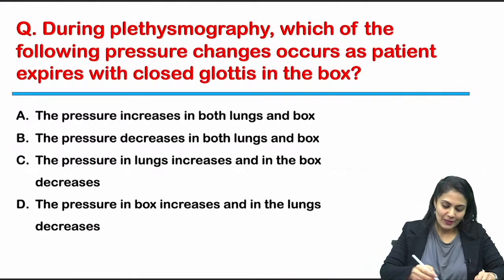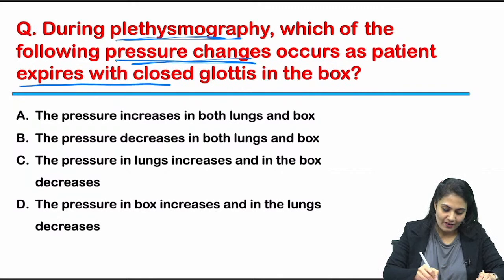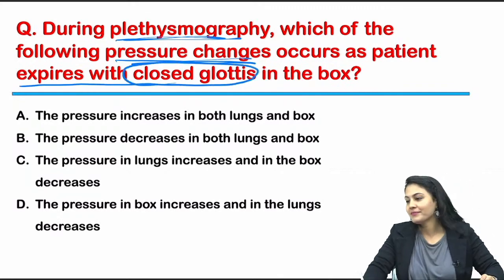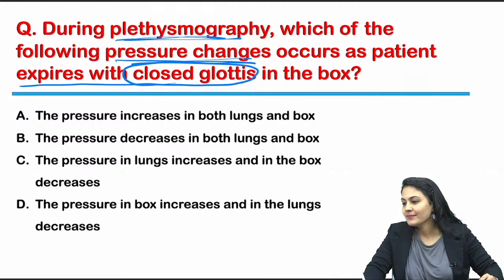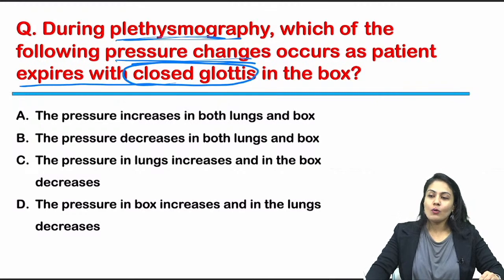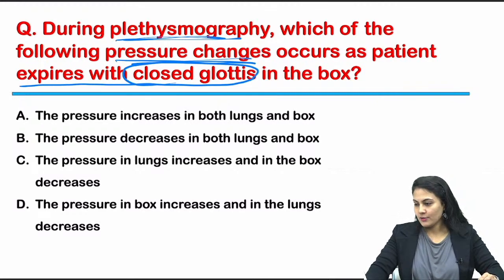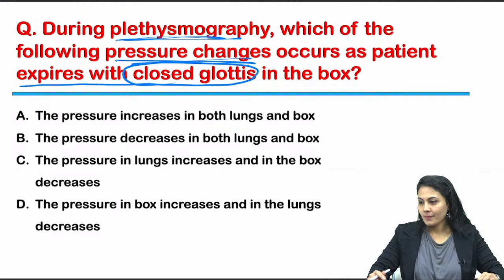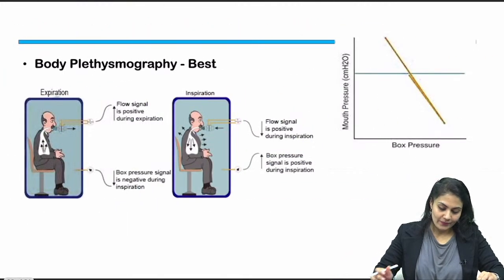Next question. During plethysmography, which of the following pressure changes occur as the patient expires with the closed glottis? Yes, please. Right, Dr. Rao, absolutely correct. So first of all, we should know about plethysmography.